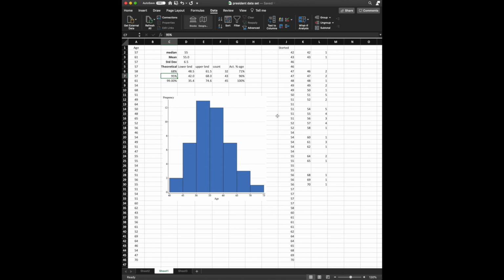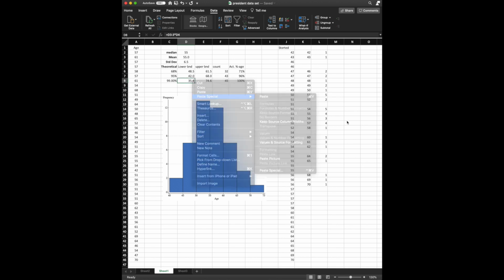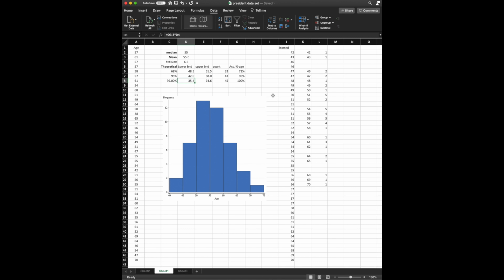And then finally, if I go 3 standard deviations, which I believe is 19.5, then 55 minus 19.5, it looks like I got a little typo here. It should be 35.5. So let me change that real quick: 35.5. And if I add 19.5 to 55, I should get 74.5.